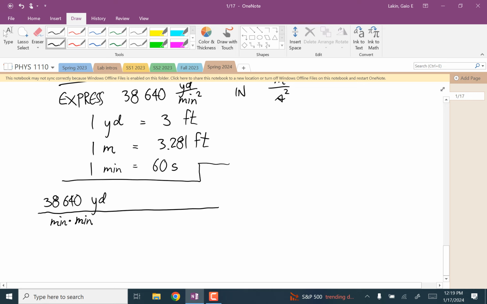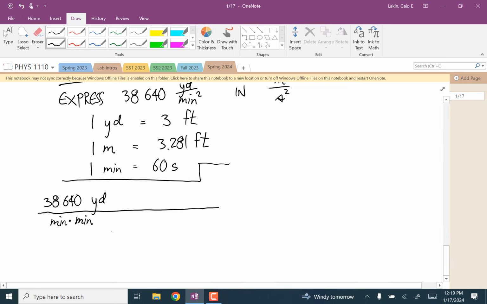Now what this tells you is you're going to have to convert from yards to meters, then convert from minutes to seconds, and then convert from minutes to seconds again. You can see all this if you follow through the cancellations as you go.